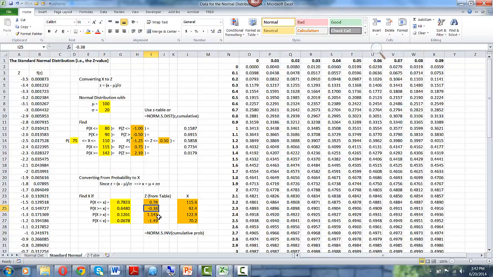So I've got a minus 0.38, so x becomes 92.4. So the probability x is greater than or equal to 92.4 is equal to 0.6480.